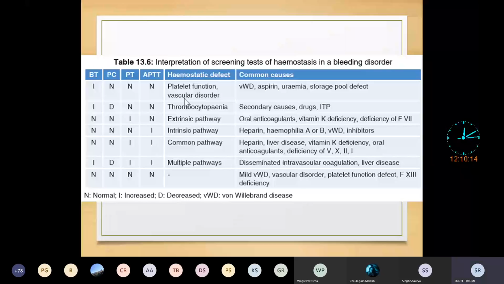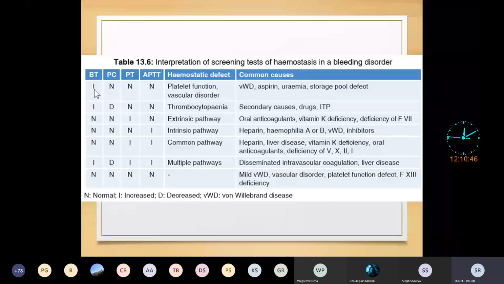Okay, then we can do a platelet function study which will be abnormal, or if not, we can do a assay for the von Willebrand factor. So this can be due to von Willebrand factor or aspirin, which will also lead to abnormal function of the platelet, or there will be disorder of the platelet function, uremia or storage pool defect.